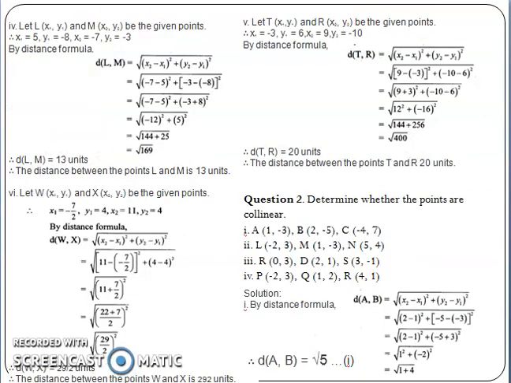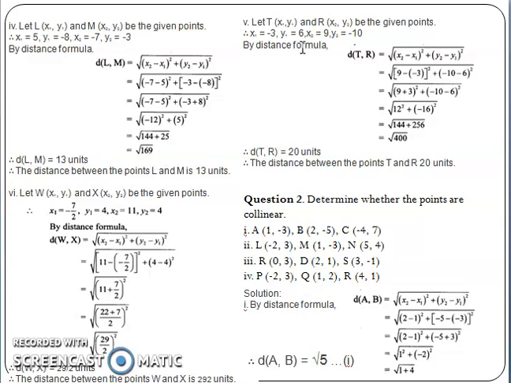Now we will go to the next question. Similar question here, students. Let L be (x1, y1) and M be (x2, y2). Again you will take the distance formula and substitute all the values, and after solving you get root of 169. As you know, the square root of 169 is 13.